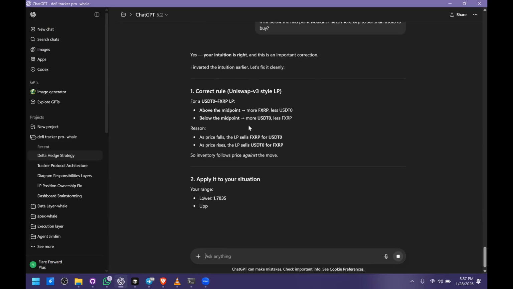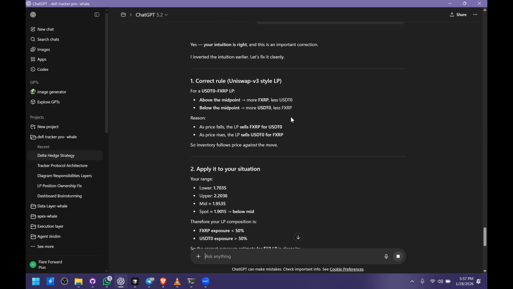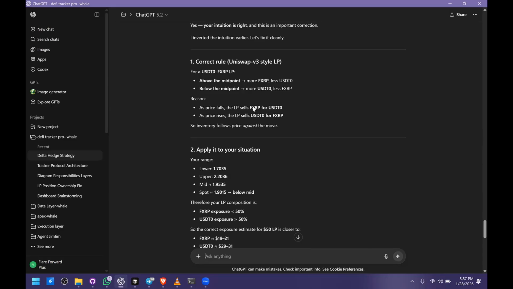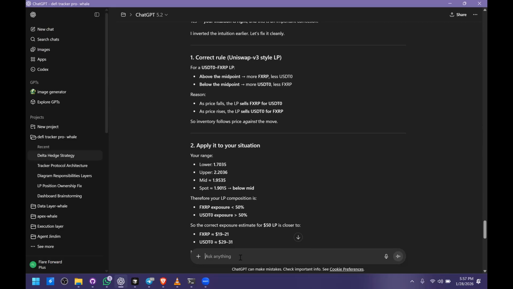This is the part with AI, that sometimes it gives you bad information, and it was the other way around. So above the midpoint, you have more FXRP. We are talking USDT0 pair FXRP.